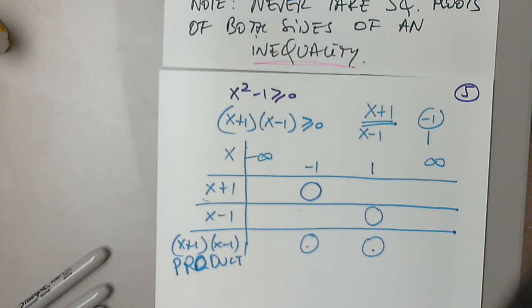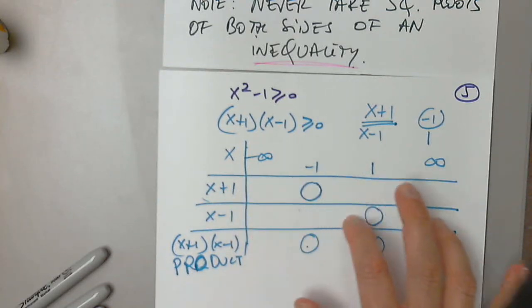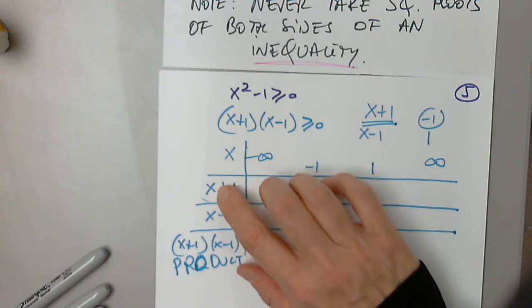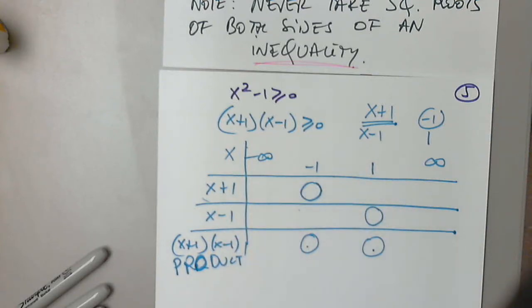At this point, I need to study the sign of x plus 1 and x minus 1. What type of functions are these? X plus 1, what type of function is it?